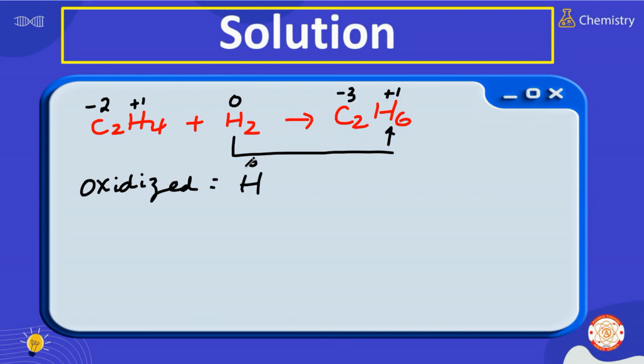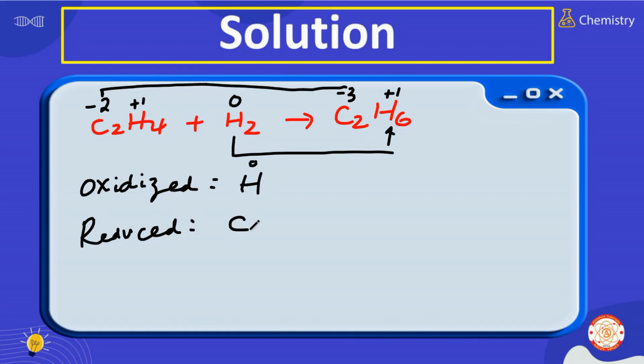So you have to always write those on the reactant side. So hydrogen has been oxidized. Which species has been reduced? So going from -2 to -3.